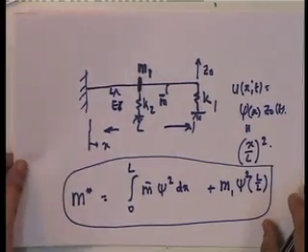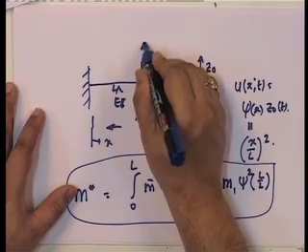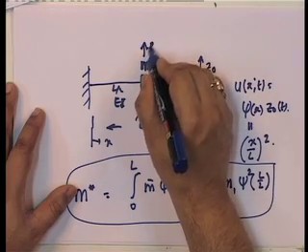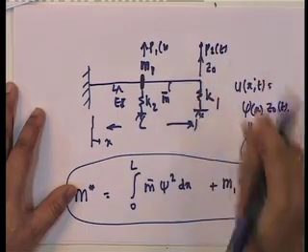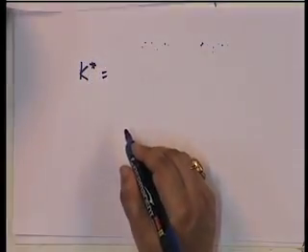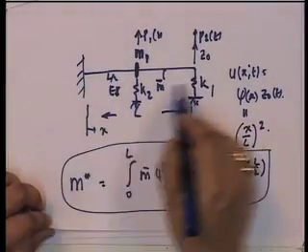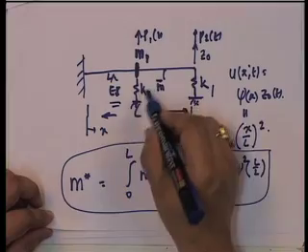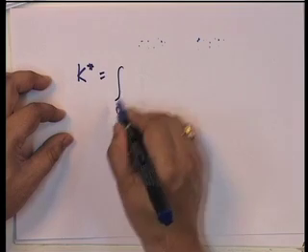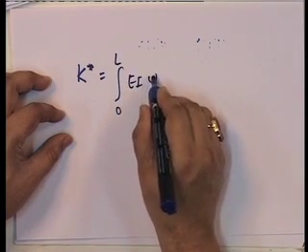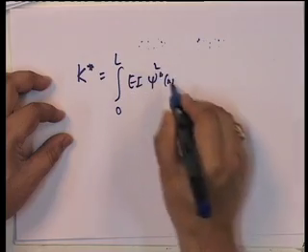Okay, what's my k star? And oh, by the way, I forgot to put a load, right? I'll put the load over here. There is one load acting here, P1 of t, and there's another load acting here, P2 of t. So now let's go back. Okay, so k star, there are two parts. One part is the distributed flexibility given by EI, and another one is these two concentrated springs. So the distributed part becomes integral 0 to L of EI xi double prime x squared dx.